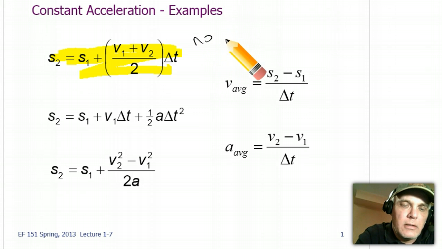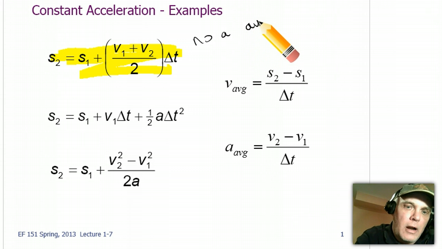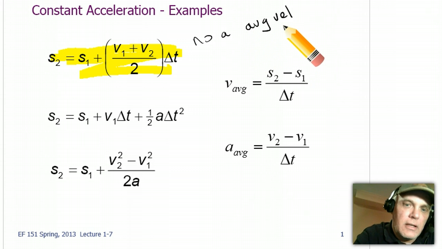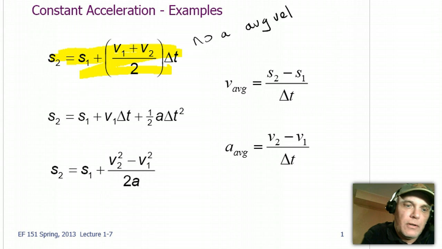It still means there is constant acceleration. We just don't need to know its value. We can calculate one of these variables based on the others, knowing that it's constant acceleration. We also call this our average velocity equation, because the (v1 + v2)/2 term is our average velocity, this term right here.